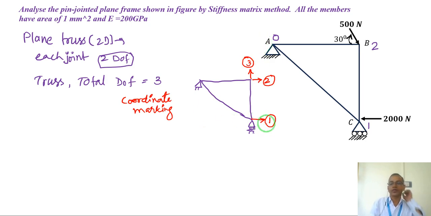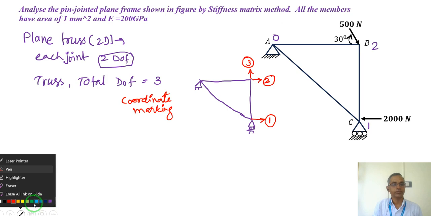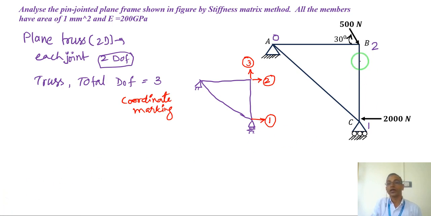Now it's very important that we also get the angle, because in this diagram the BC length is given as 300 millimeter and AB is given as 400 millimeter. By calculation, because this is a right angle, this will be 500 millimeter.